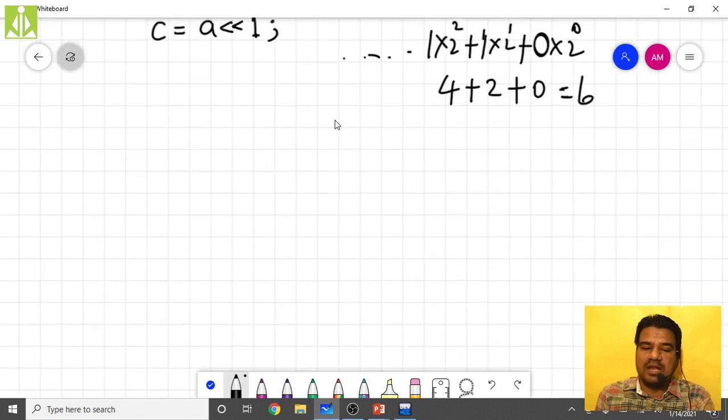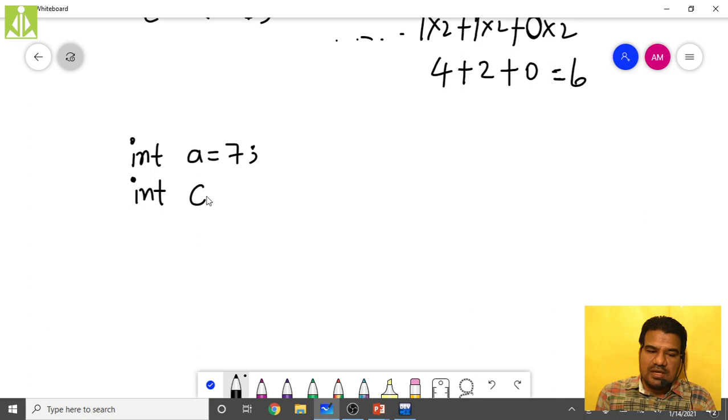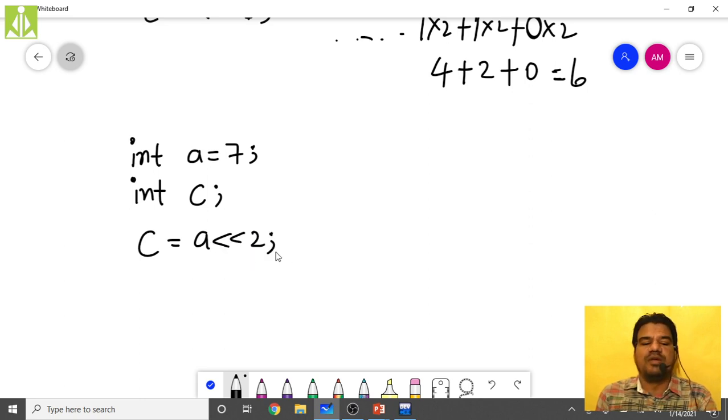Take integer a as 7 as my value, then take another int c. Then c is equal to a, perform left shift twice.